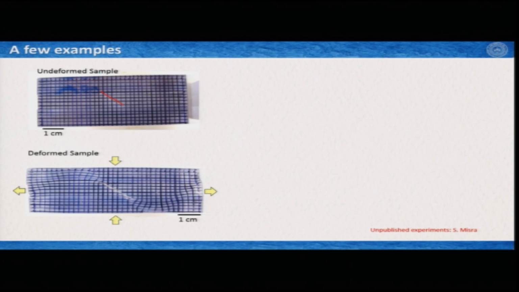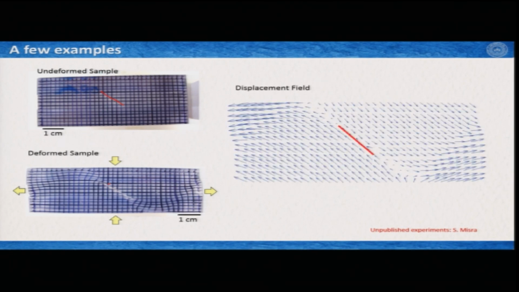Now, because I have the initial shape and the deformed shape, and considering each of these grids, I can actually determine the displacement vectors of this deformed sample. And if I do it, then it looks like this.